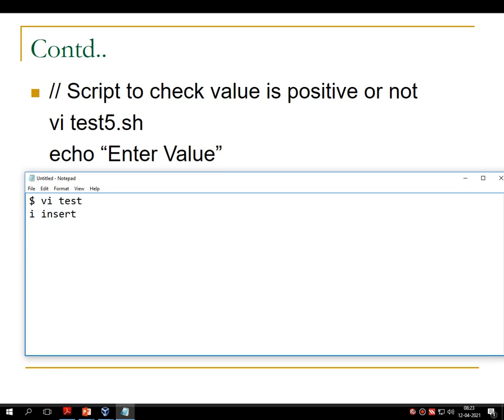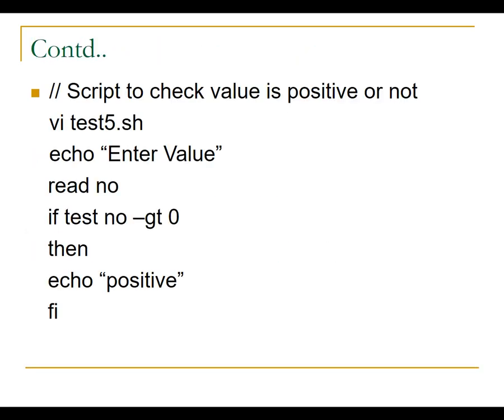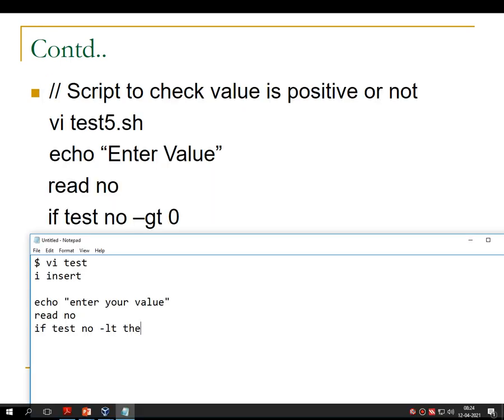Then once you are in the insert mode, type echo enter your value, on the next line read number, then if test number -lt 0, then echo in double inverted commas negative, fi.